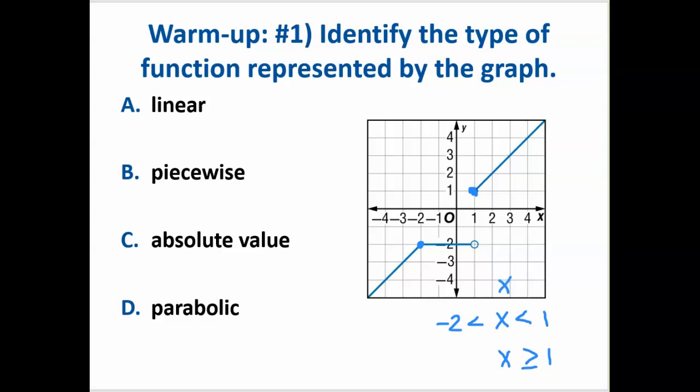So you have x values between -2 and 1 being -2, but then we have all x values less than or equal to -2 coming from this equation of the line right here that has a slope of 1/1 and would go through the origin.